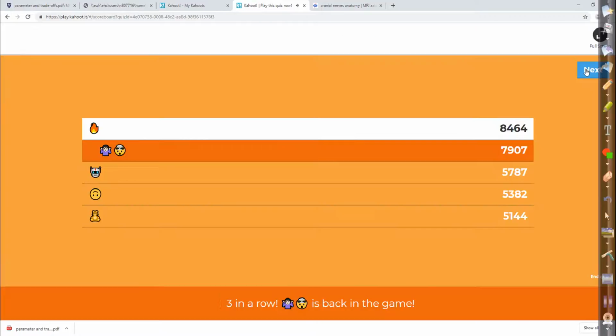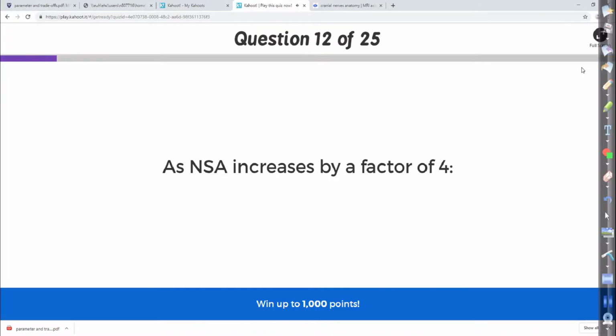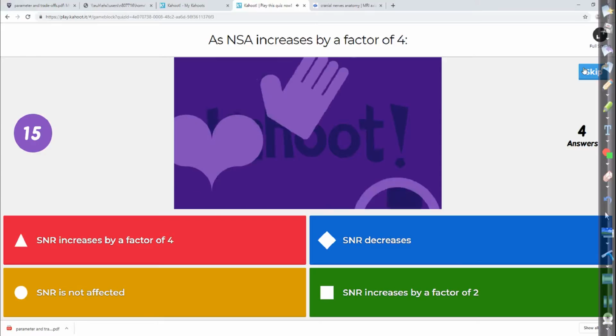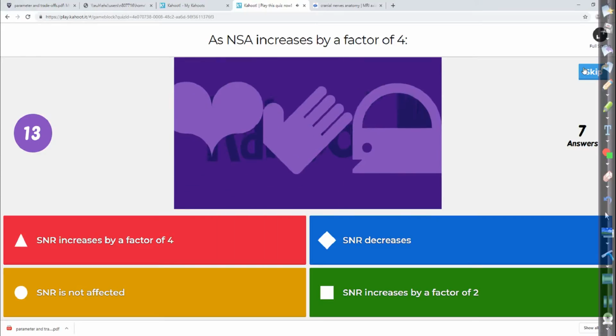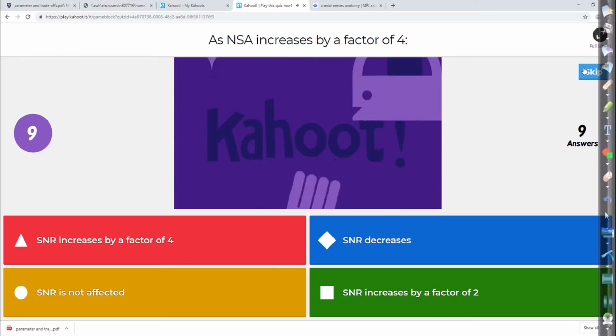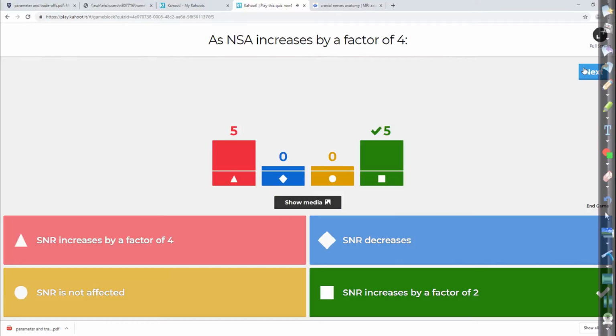Good. So not by a factor of 4 because it's the square root of 4, which is 2. So the answer is factor of 2.